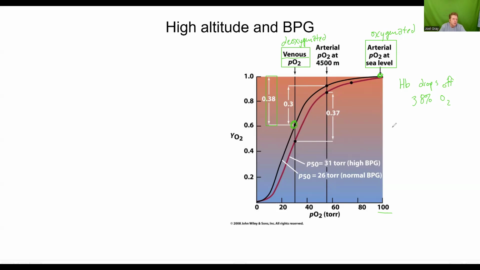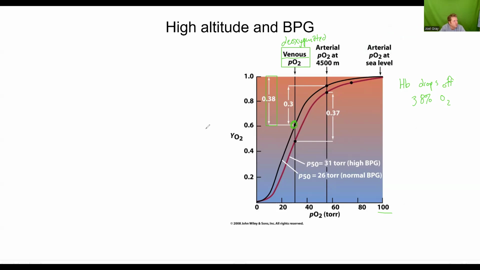Okay. So this is what hemoglobin does whenever you go from 100% or you're in an environment where the oxygen concentration is very high. Now, what I want to do is erase some stuff. I can erase our oxygenated.